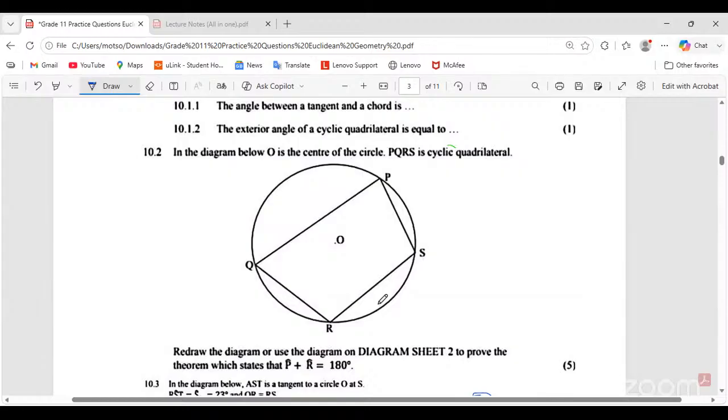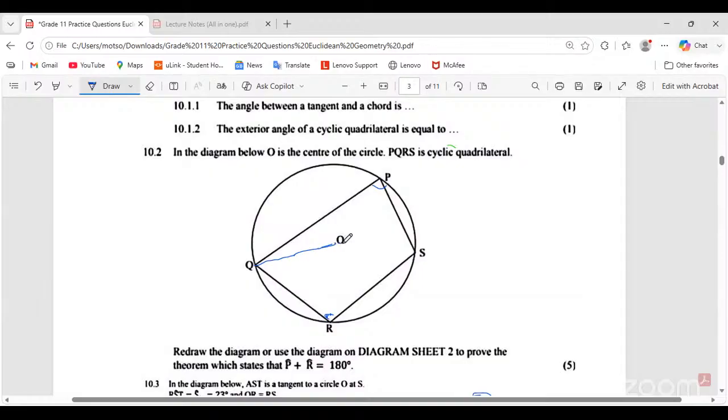Since you are going to prove that this angle and that angle are supplementary, you will join the other two angles. You will join the radius from the first angle Q to the center O. So you join O and Q, that is a radius.